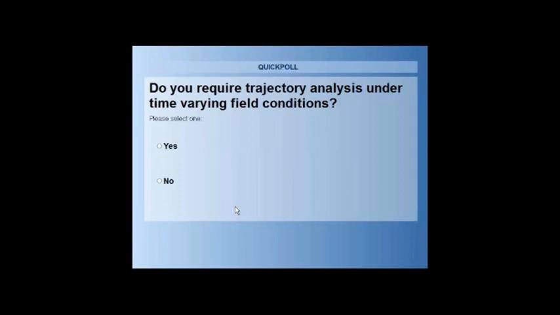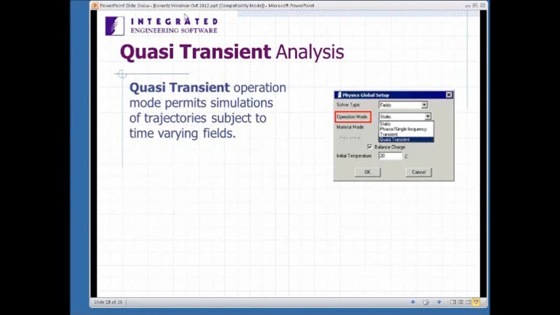And it seems like about half of you so far, as I'm watching the polls update, are requiring time-varying fields. Okay, well that's very good, because that brings me to the next feature that we've introduced.